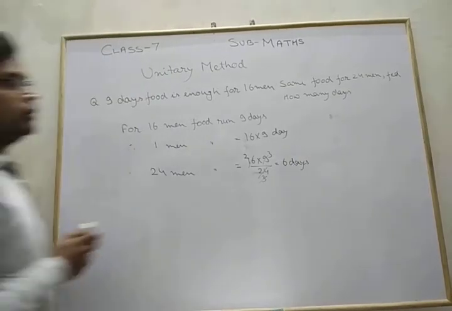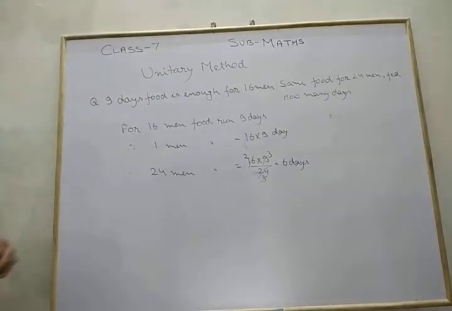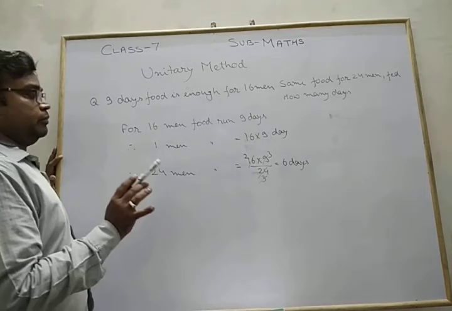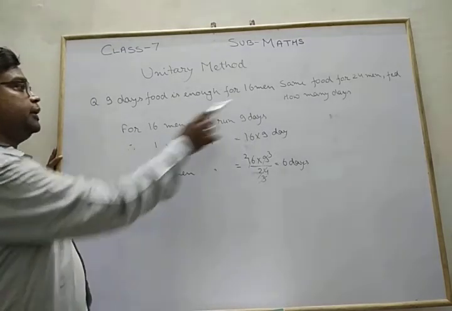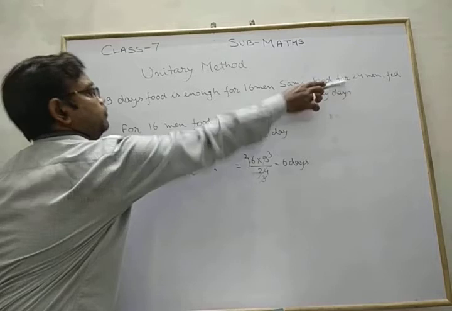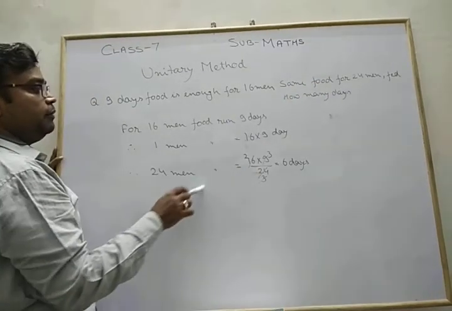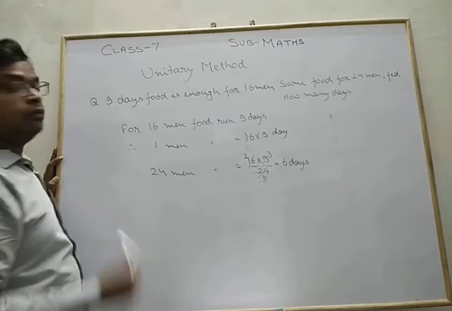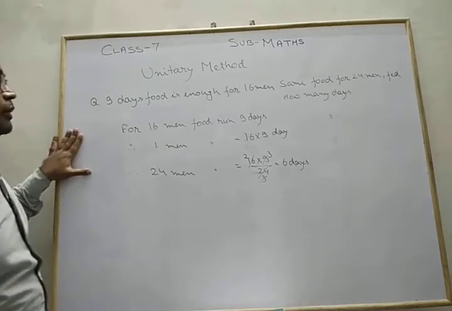This is an example of indirect variation. In this case, the food is the same. If we increase the number of men to 24, then the same food runs fewer days. So in that case, we use inverse variation. This is your unitary method.